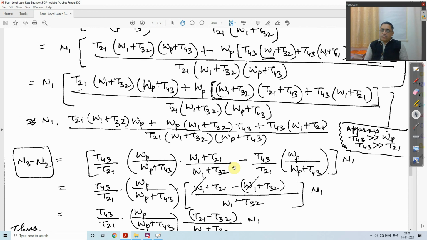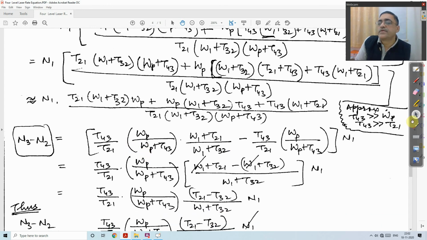If we want to find out the difference between populations of the lasing levels, that means 2 and 3, we have to just subtract their numbers as calculated above. Only substituting will help, and we see T43 T21 bracket to this thing.